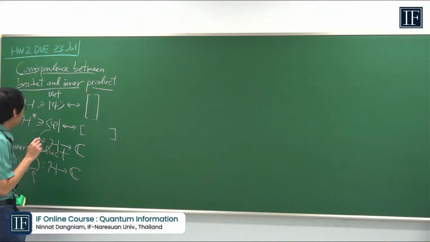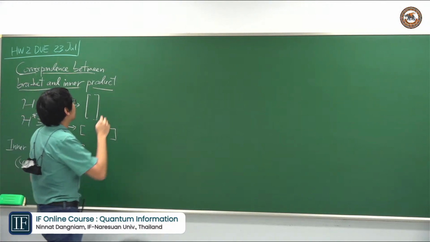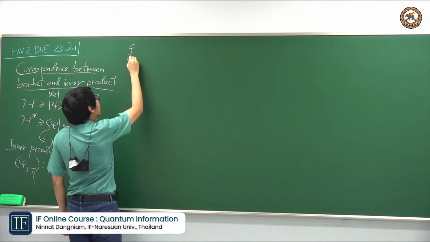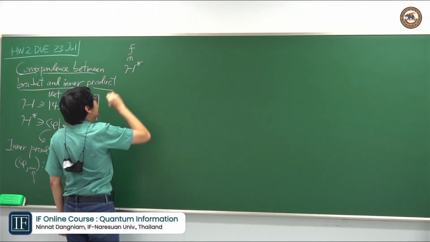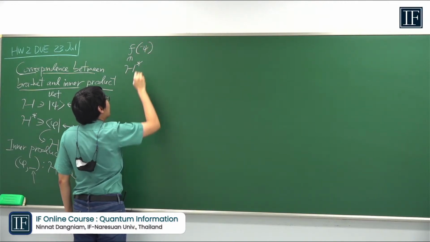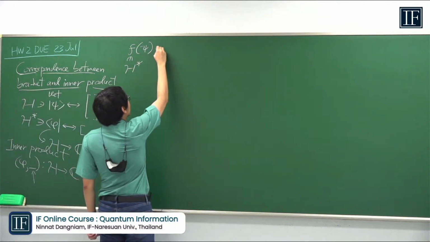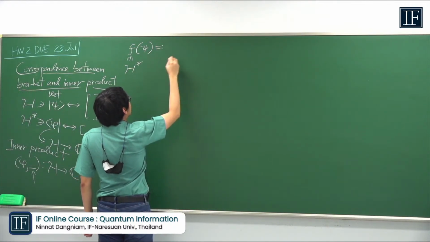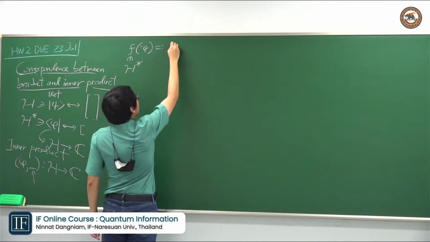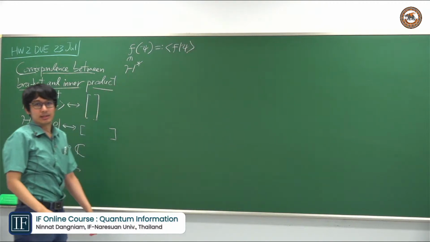Right, so let's do it like this. If I have a linear functional in H star acting on some vector psi, in the bracket notation this would be just this.